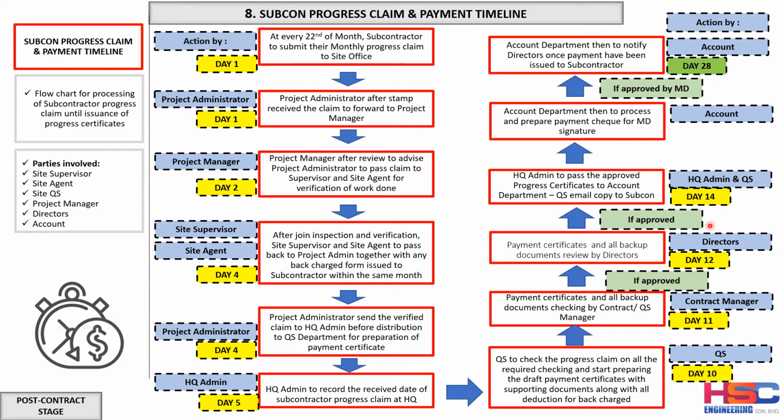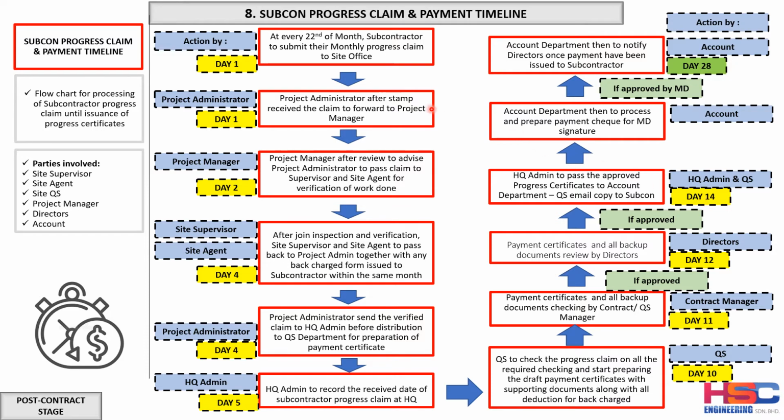And if the director approves this on day 12, then within 2 days, by day 14, the HQ admin passes the approved progress certificate to the account department, and the QS will email the soft copy to the subcontractor. This is the approved progress certificate on day 14. So you can see now from day 1 to day 14, the progress certificate has come out and been passed to the subcontractor.